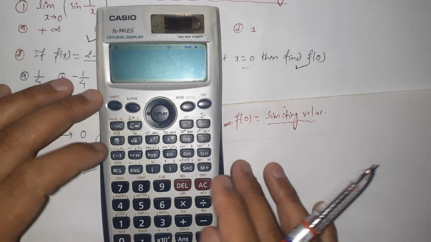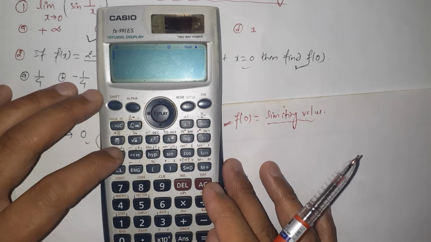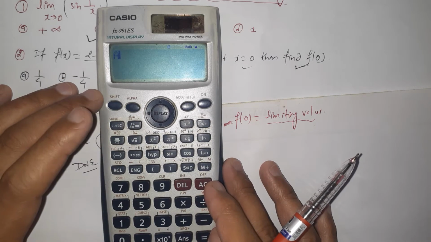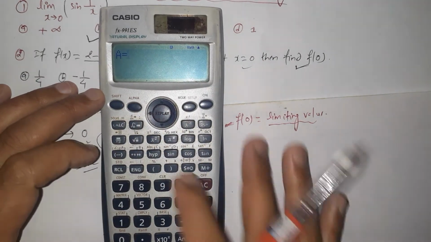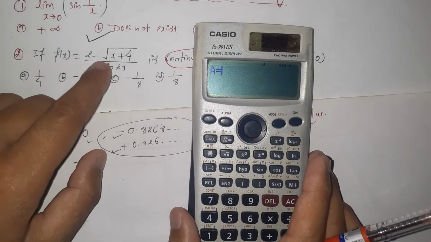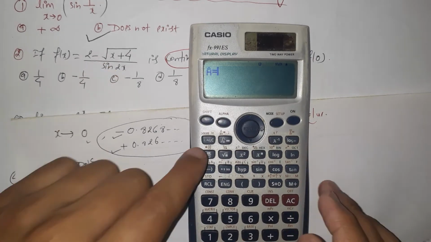Here I am going to give the name of the function as A. Alpha and the equals button, and then let's type this function on the calculator.